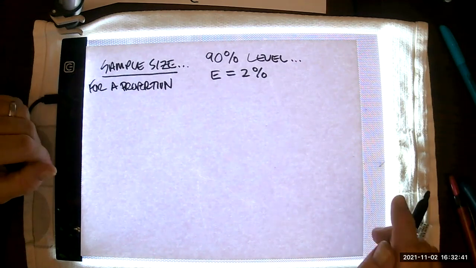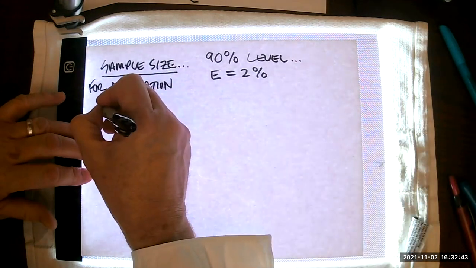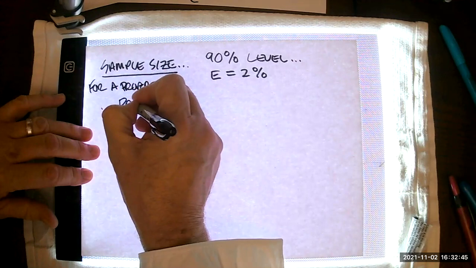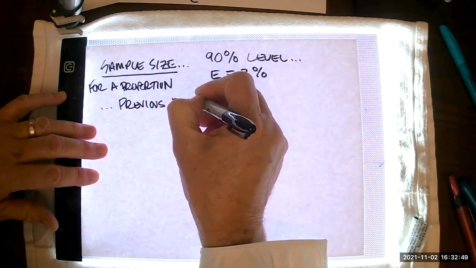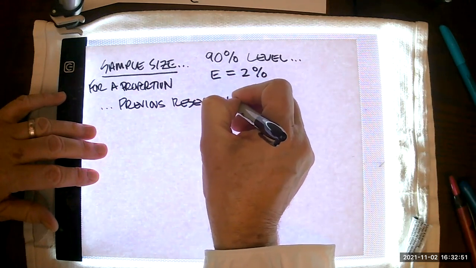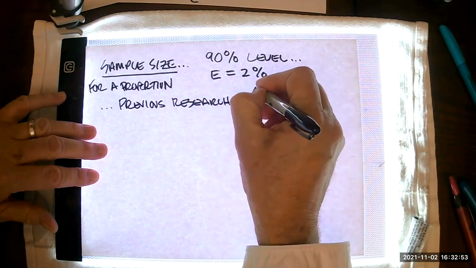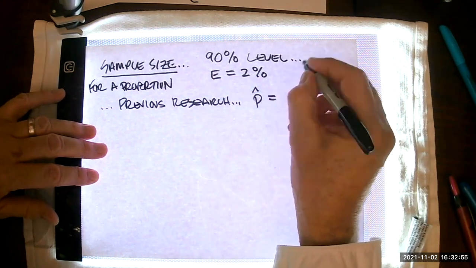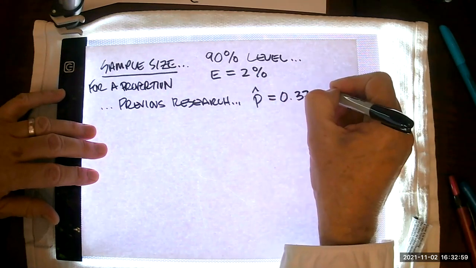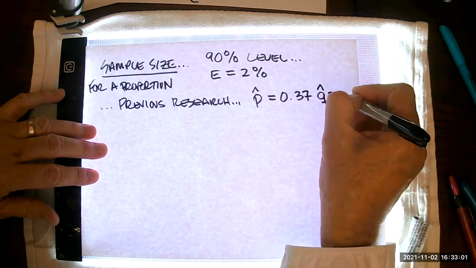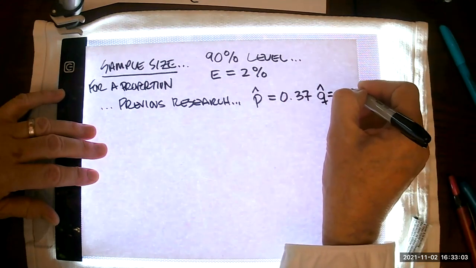So this problem is a little bit different. This problem tells me that in previous research, I have no idea what I'm studying, by the way, p hat is equal to, oh, I don't know, 0.37, and q hat is 0.63.